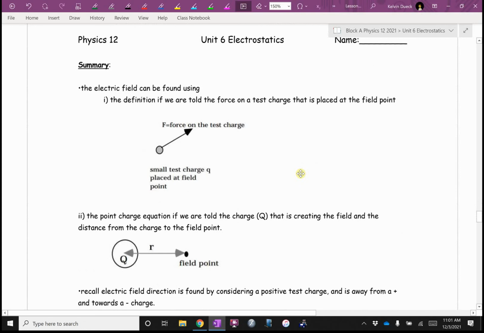So what's our summary? The electric field can be found using the definition, if we're told the force on a test charge that's placed at a field point. You can find the electric field by saying, hey, what's the electric force it's feeling? How big is the charge? This is like little g equals Fg over m.